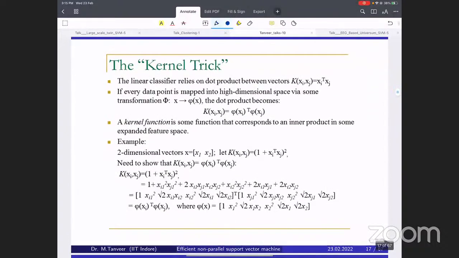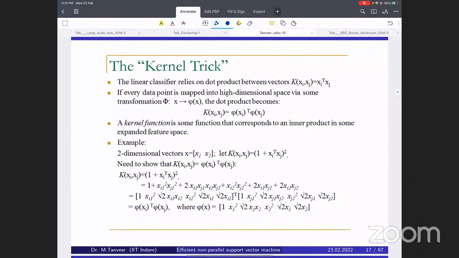Essentially, we can see one example like this one, and we can write k equal to phi transpose phi with this polynomial kernel example. And a linear kernel is nothing but, if I write xi transpose xj, this is nothing but some k. It's a linear kernel.